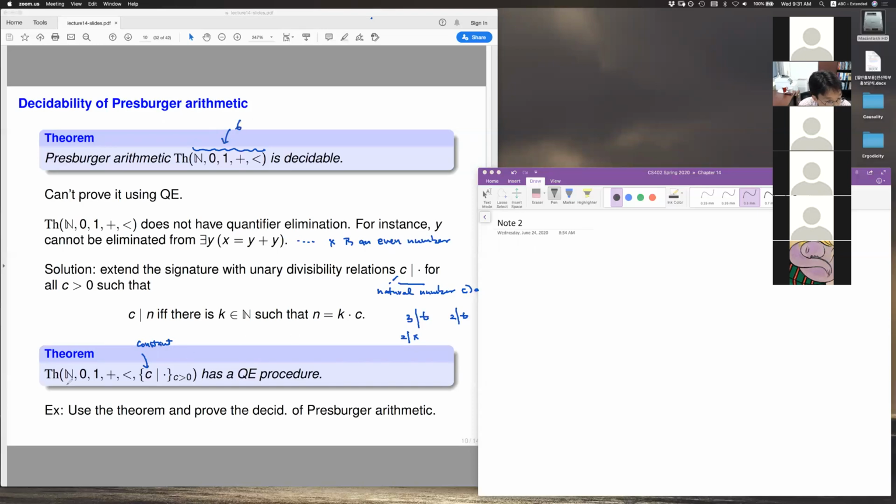And the signature for this extended structure sigma prime. So sigma prime is sigma together with some bunch of extra stuff. Okay, so then under this, let's try to prove the first theorem. So the theorem says it's decidable.